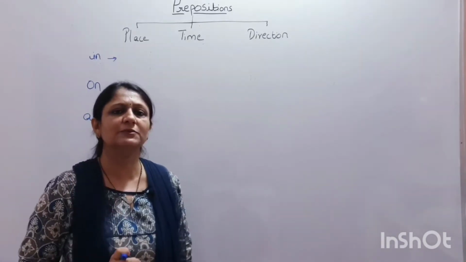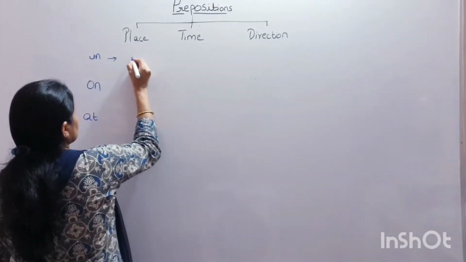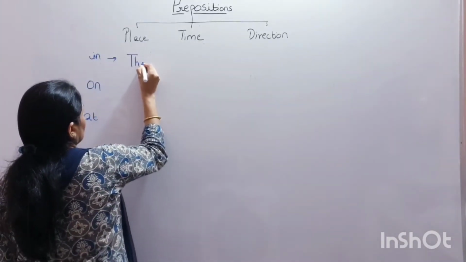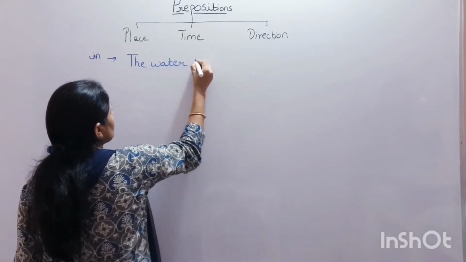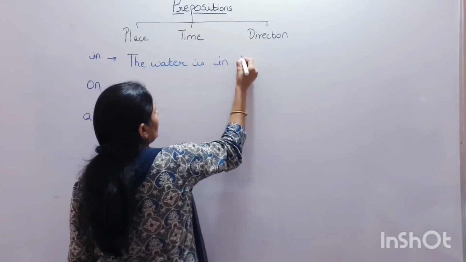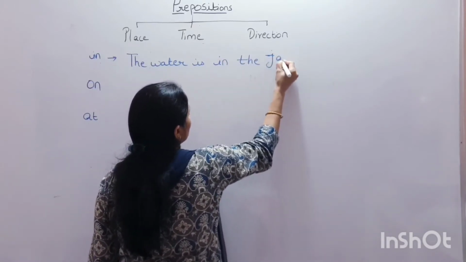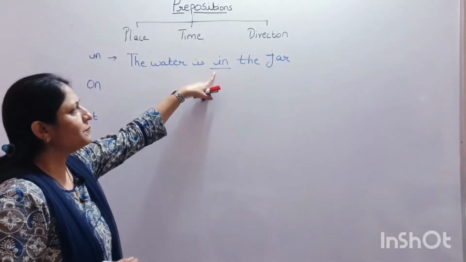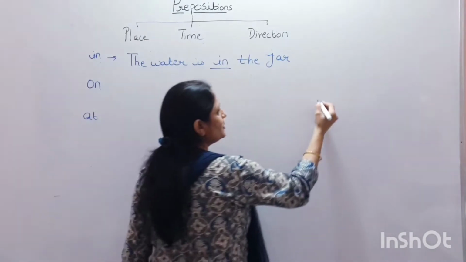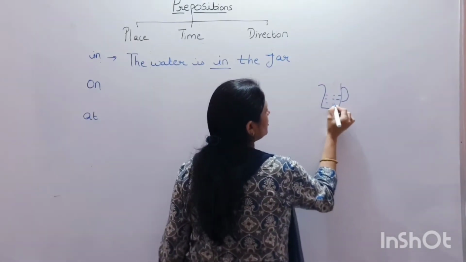So how will I explain this whole situation by means of a preposition? It will be like this. The water is in the jar. Now can you see this preposition? This preposition in, suppose this is the jar and I am talking about the water.